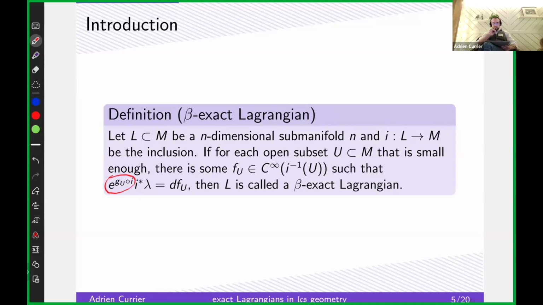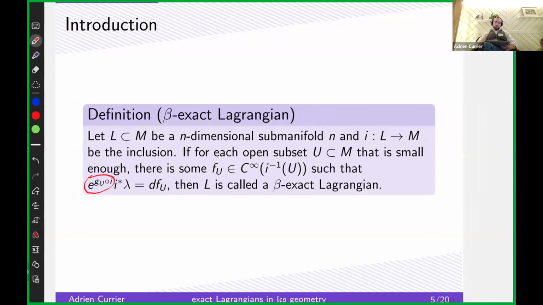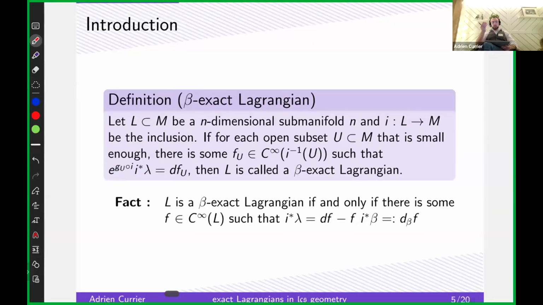Now, again, lambda is not exactly a Liouville form, and so this whole definition is a bit unwieldy. And so we're going to be using the alternative fact as a definition. So L is going to be a beta-exact Lagrangian if and only if there's some globally defined f on L such that the pullback of lambda is equal to df minus f times the pullback of beta. This sort of twisted differential is going to be written d_beta f.